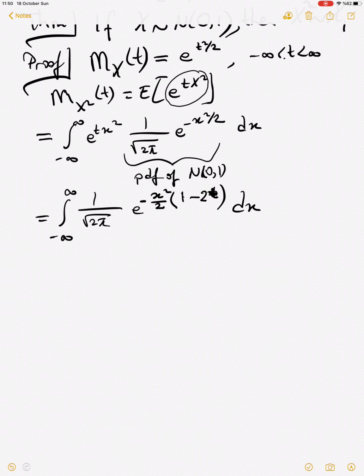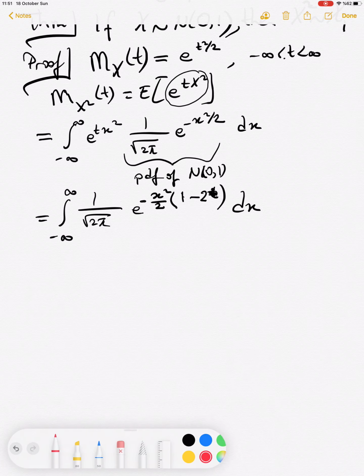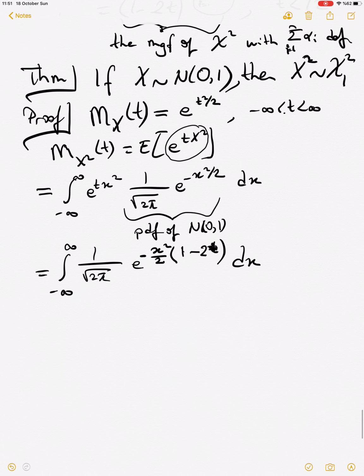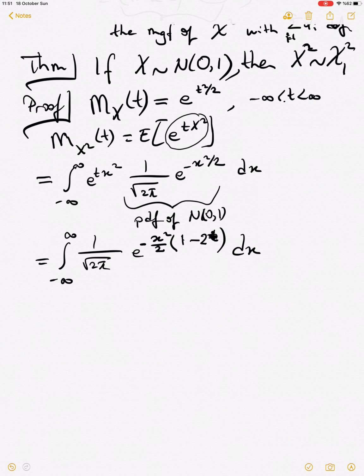So this looks like a PDF of a normal distribution. Let me use a different color. This is the PDF of the standard normal, right? So we have the 1 over root 2 pi part here, and instead of the minus x squared over 2 term, this is multiplied by minus 1 over 2t, or we can consider it as a 1 over sigma square term.